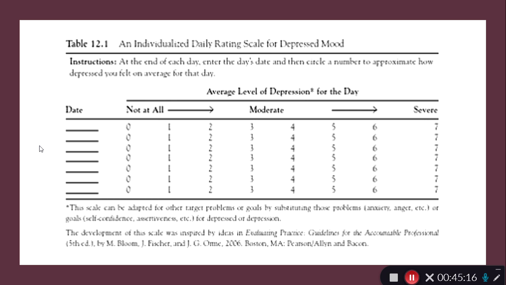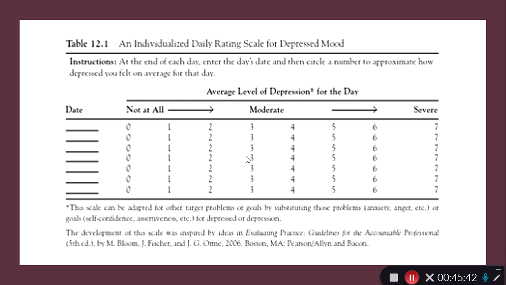So if we wanted to track client progress on depressed mood daily, then we might ask our client to complete something like this, an individualized daily rating scale, where they could record the date and then record their average level of depression for each day. Okay, so this might be one way of measuring depressed mood on a daily basis.